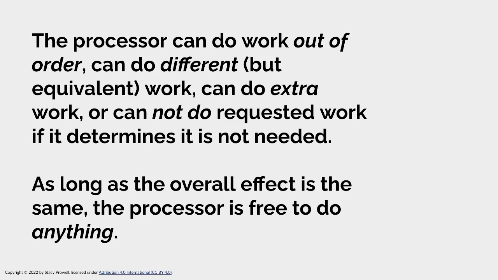It can do some later ones before it does earlier ones, and it may well do that. Think about just simple speculative execution. While I'm doing some instruction that takes a lot of cycles, I'm also trying to do a few that are later. They may get done before the one that's taking so much time gets done. So they're being done out of order. I can do extra work. I can go ahead and do some work that's not needed. And in fact, that's often what it does with speculative execution.